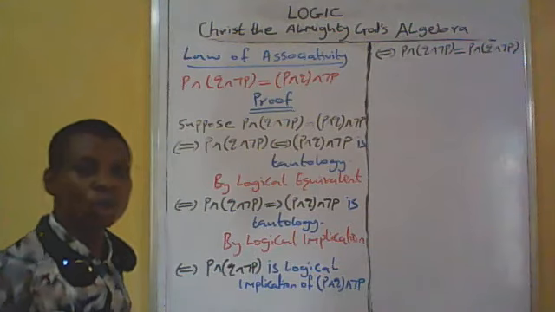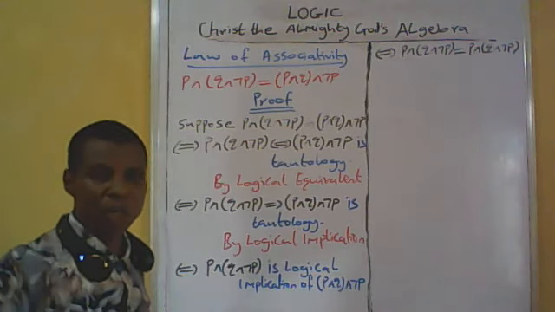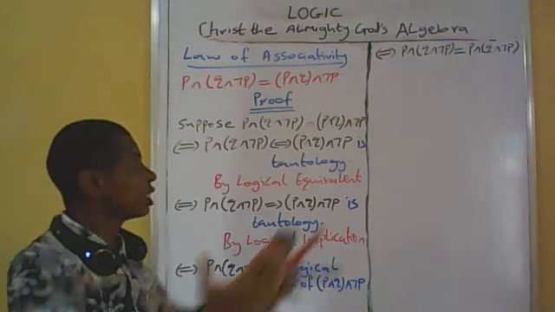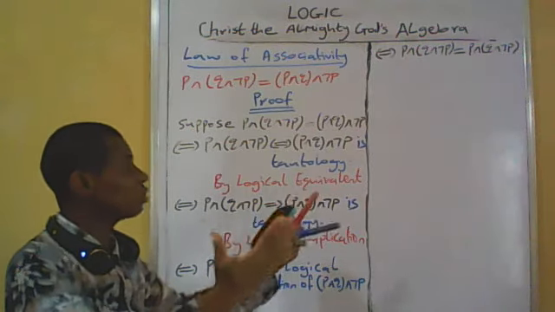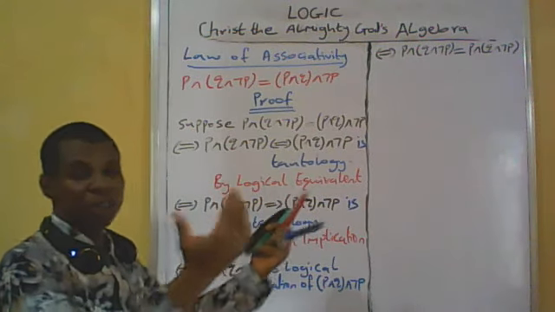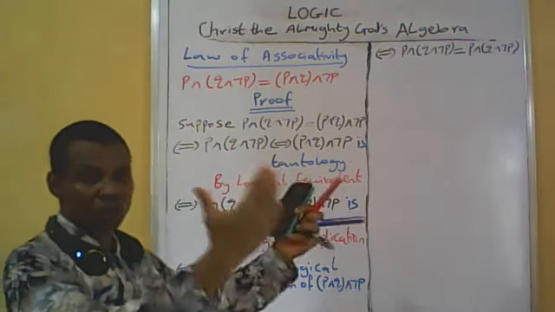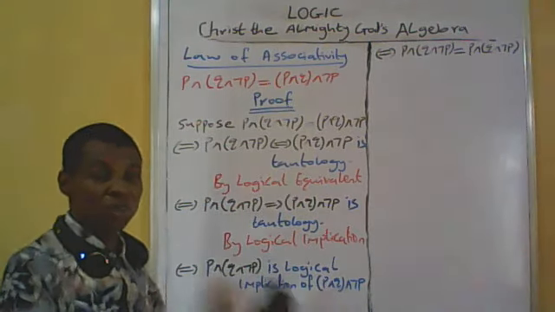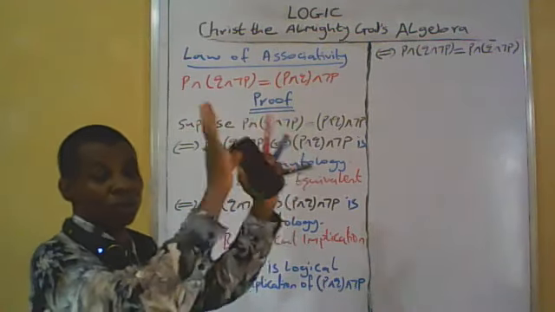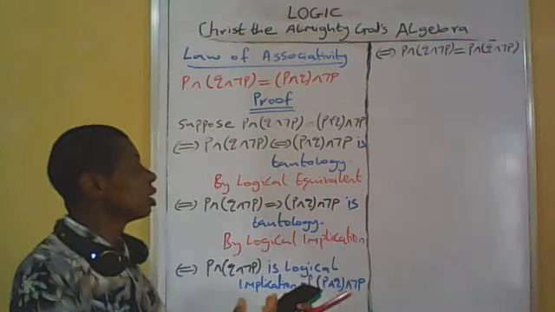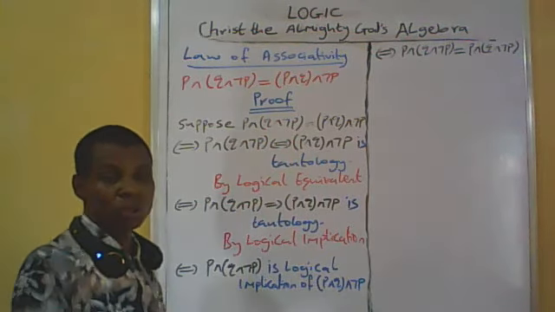And it is true that logical implication is equal to itself, because whenever the left hand side of logical implication is true, the right hand side of logical implication is also true. In the same vein, whenever the right hand side of logical implication is false, the left hand side of logical implication is also false.